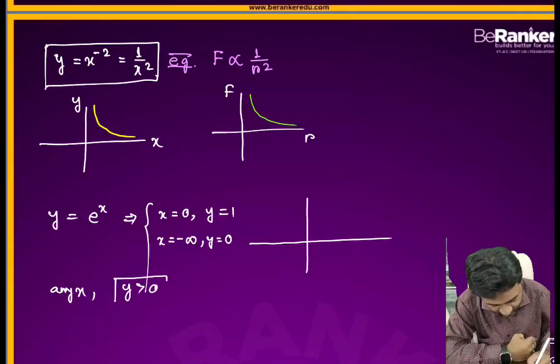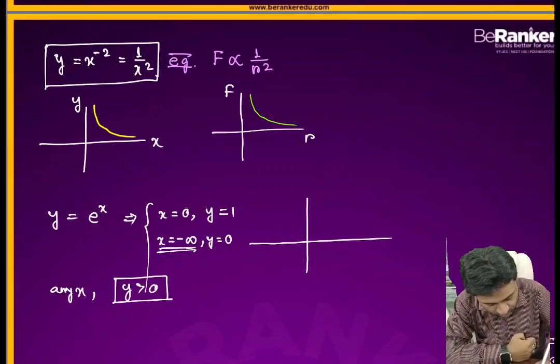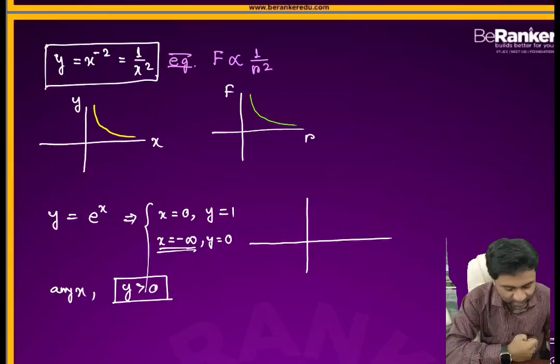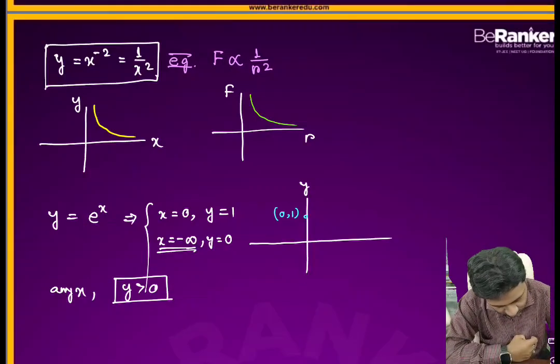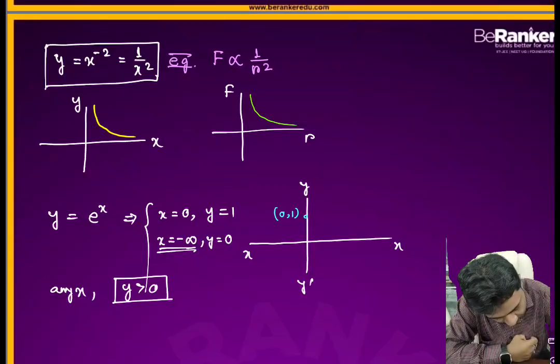Whatever be the value of x, for any x, y is always greater than 0. Only at x equal to minus infinity, the graph can lie at the y equal to 0 point. So y is always positive for the graph. And it cuts the y-axis at this point, 0, 1.